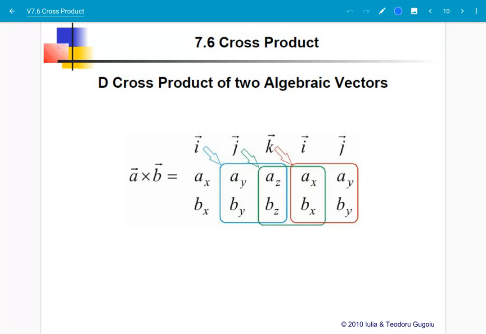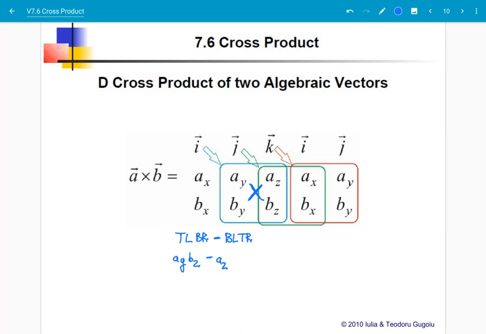The very first column is ignored, and then you multiply top left to bottom right. So we do Ay times Bz, minus bottom left to top right.